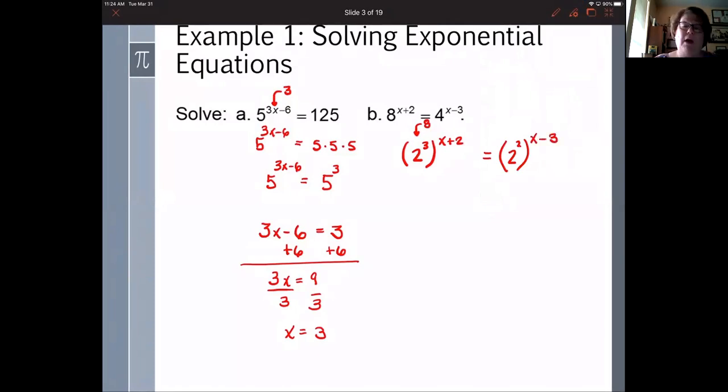Now you have a law of exponents that says that if I raise a power to a power, I multiply the exponents. So if I have a to the m, and I'm raising that to the nth power, that's a to the m times n. So if I raise a power to a power, I can multiply the exponents. All right, so I'm going to do that.